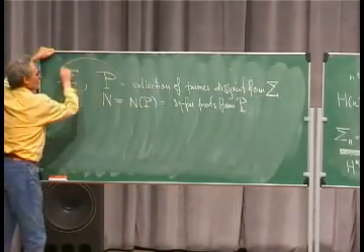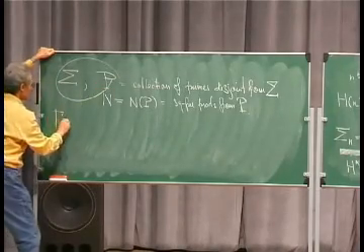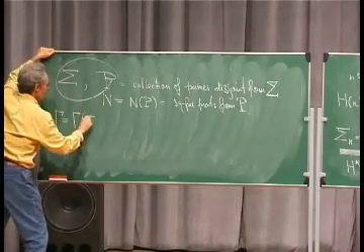Okay, fix the sigma and P, and then we'll have a gamma, which of course depends upon sigma and P.